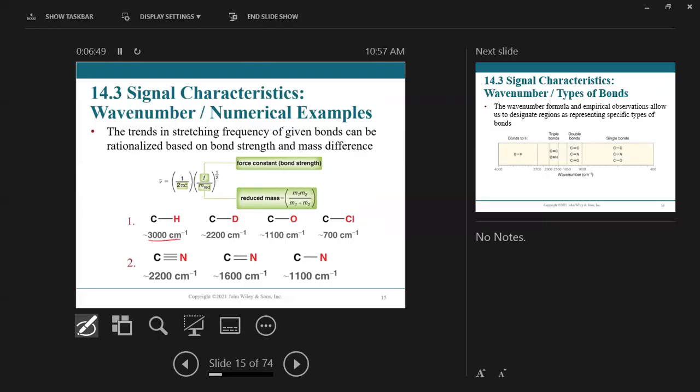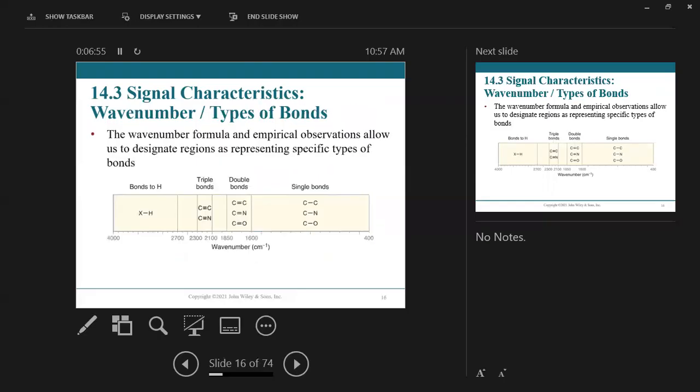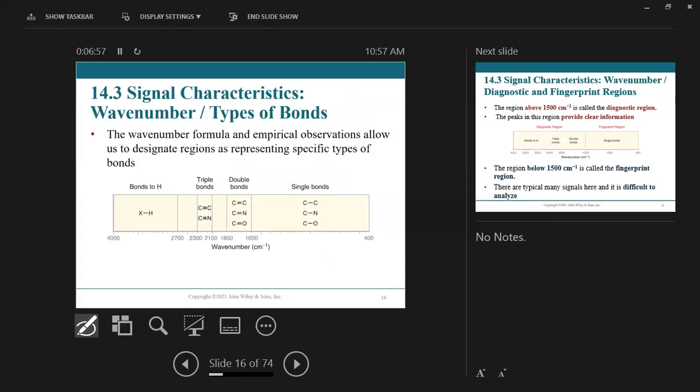This would be a pretty strong bond right here. And this would be a pretty weak bond. This wave number formula and empirical observation allows us to designate regions as representing specific types of bonds. So you'll have regions that just have carbon-hydrogen bonds, triple bonds, double bonds, and single bonds.